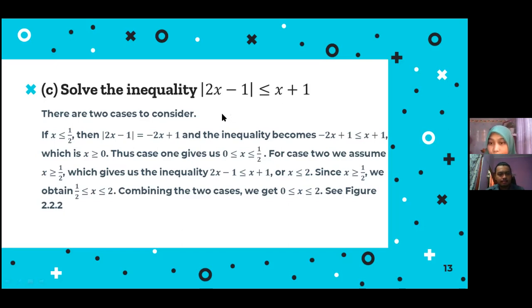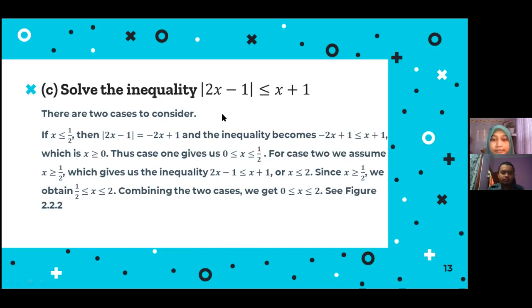For case 2, we assume that x is greater than or equal to 1 over 2, which gives us the inequality 2x minus 1 less than or equal to x plus 1, or x less than or equal to 2. Since x is greater than or equal to 1 over 2, we obtain 1 over 2 less than or equal to x less than or equal to 2.